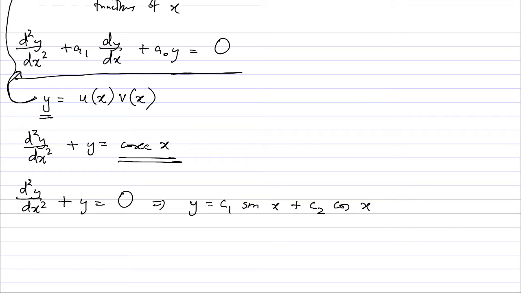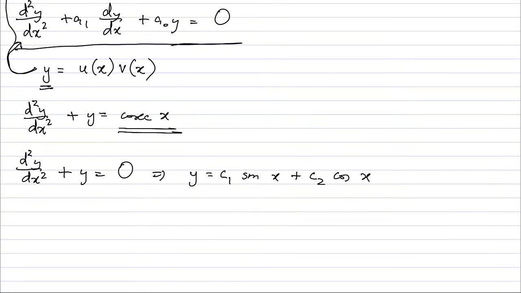Like I said before, if you know part of the complementary function, then you can figure out the rest of the complementary function as well as the particular integral, at least in principle. So let's say u is equal to cosine of x. I know part of the complementary function. Forget about this constant.